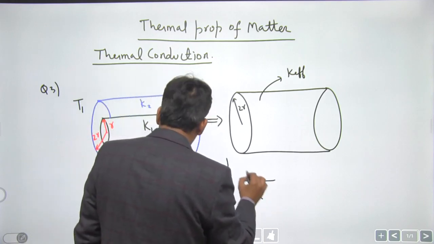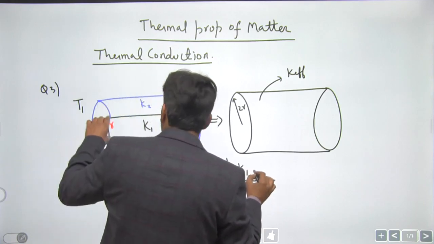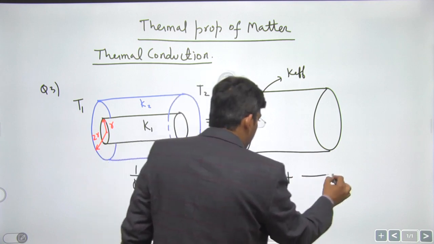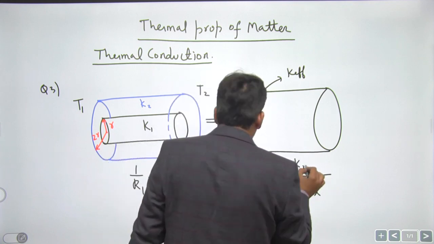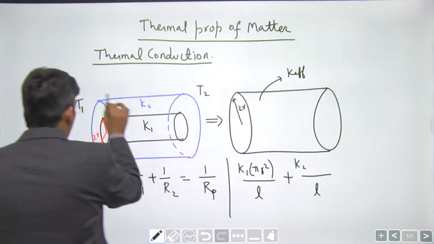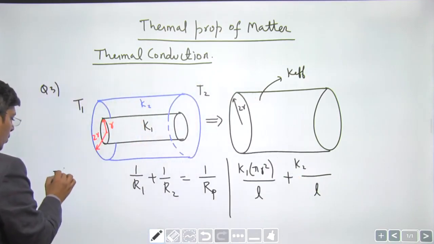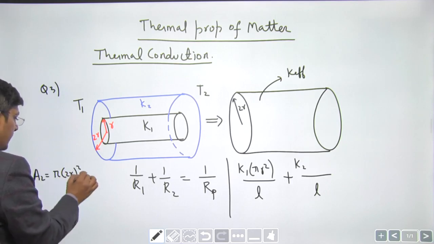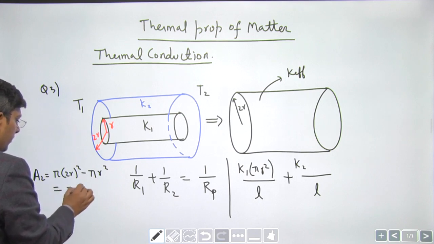This is L by K1 into the inner portion's area pi r square, plus L by K2 into the area of the outside, pi into 2r square, the outer portion minus the inner area, which is 3 pi r square.